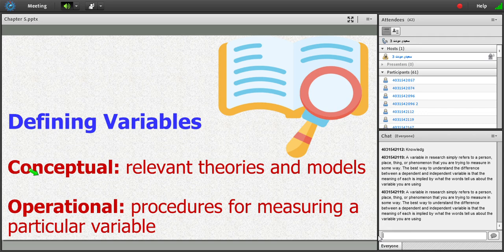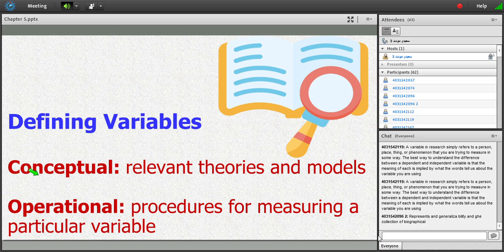Conceptual definition refers to the definition of a variable by pointing to the theoretical basis, by referring to the person who was the theoretician, who presented the idea first. So, for example, consider multiple intelligences. I'm sure you heard multiple intelligences, yeah?